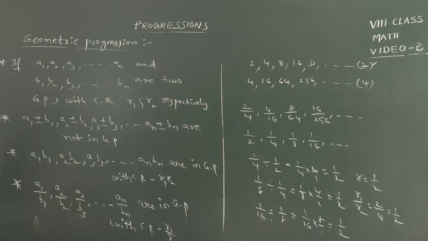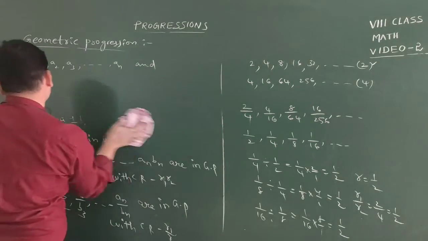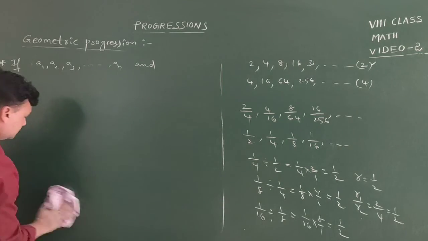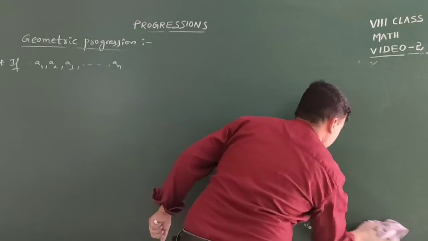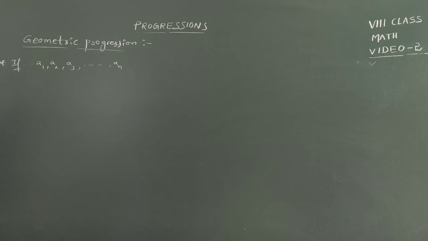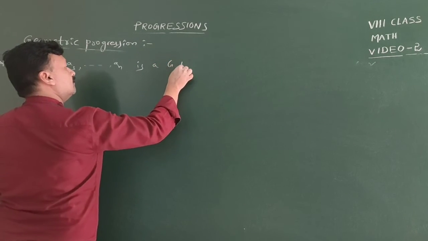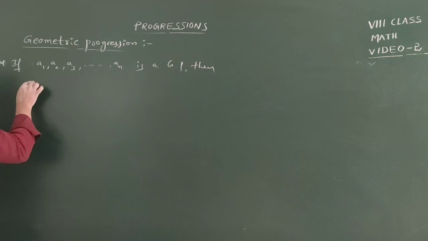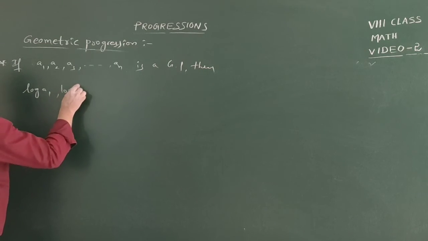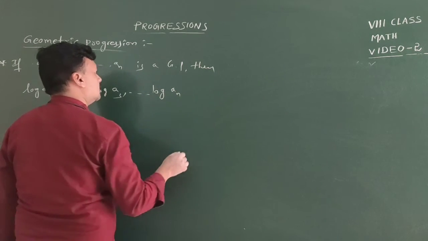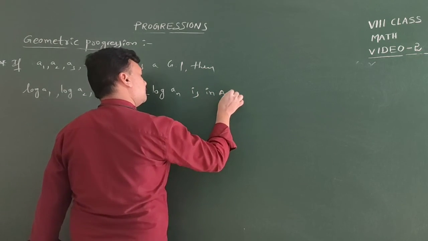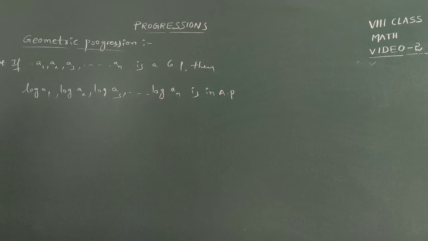Now, one important thing: if A1, A2, A3 and so on, An is a GP, then log A1, log A2, log A3 and so on, log An are in AP.